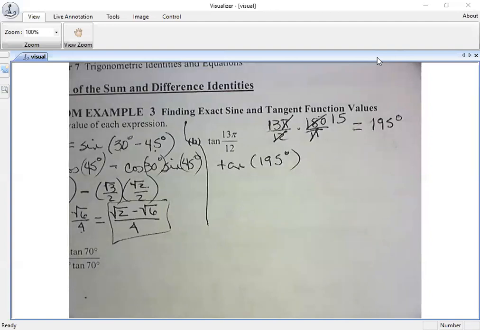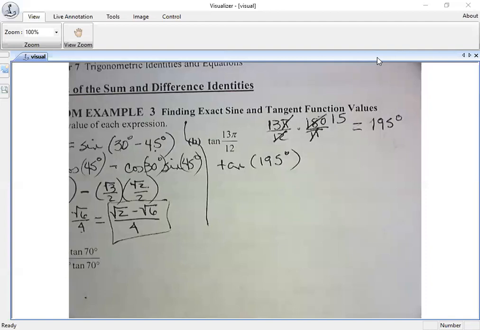Think about if you're trying to add things, you're going to need something that's in quadrant 2 that would either have a reference angle of 30 or 45 or 60 in quadrant 2. So that would mean you'd need to know what 180 minus 30 is, 180 minus 45, 180 minus 60, and then see if you can add something to it to get 195. So if you did 180 minus 30, that'd be 150. And 150 plus 45, that would work, wouldn't it?